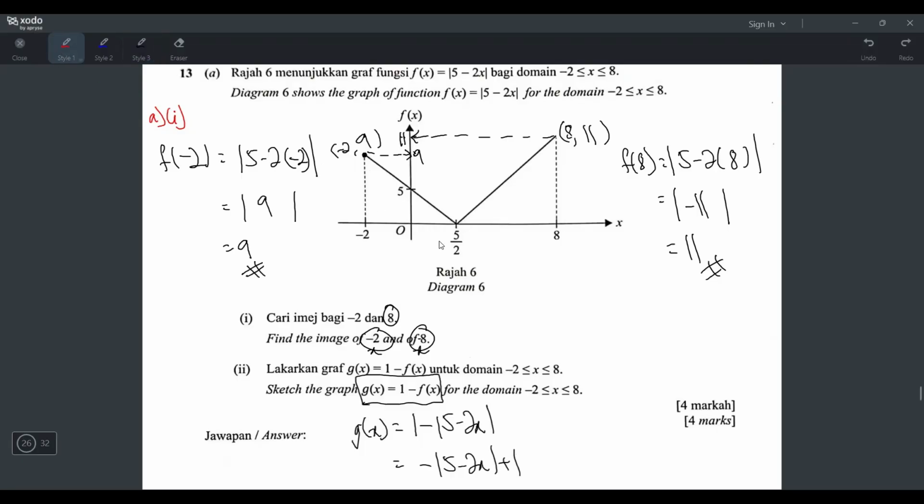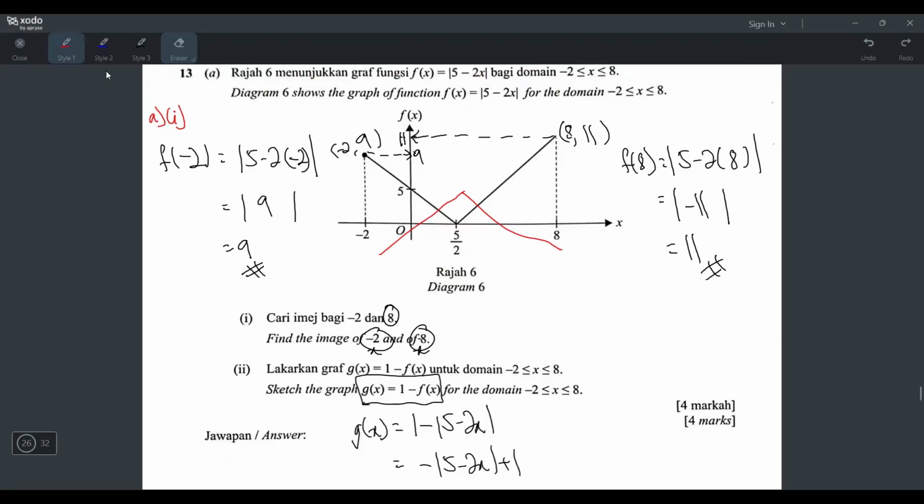So instead of like that, it becomes like that. Everything has to be flipped. And the plus 1 means this has to move up one unit. So it's something like that, roughly. Then erase, and later your end result will look something like that.